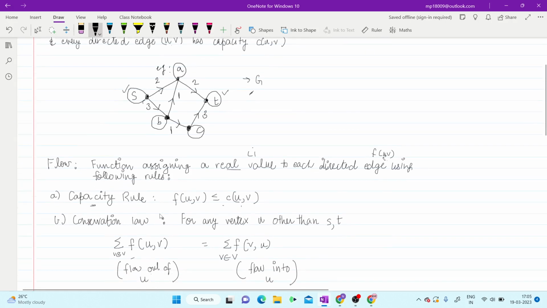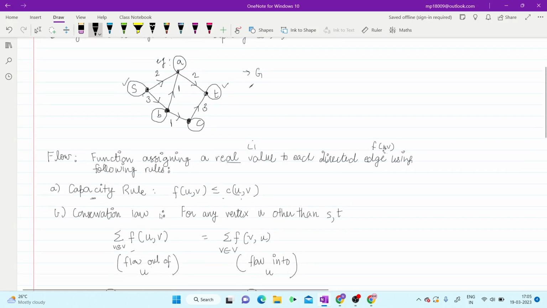The second rule is the conservation law. So the first is the capacity rule and the second is the conservation law. The conservation law says that if you take any vertex other than S and T, that is, other than the source vertex and the sink vertex, suppose this is A, B or C, then the flow coming into the vertex should be equal to the flow going out of it. What do we mean by that?